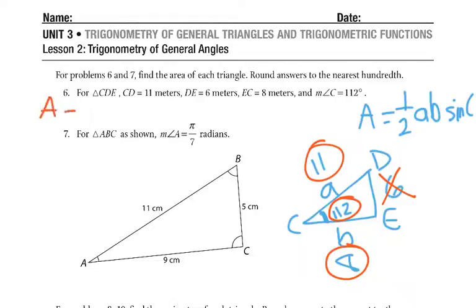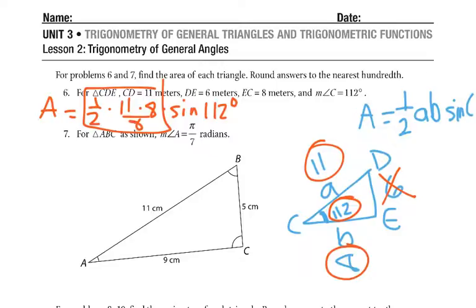So A equals 1/2 times A, which is 11, times B, which is 8, times the sine of 112 degrees. Now I could just put it in my calculator like that, or I could simplify the front. 8 times 11 is 88, times 1/2 is 44, times the sine of 112 degrees.